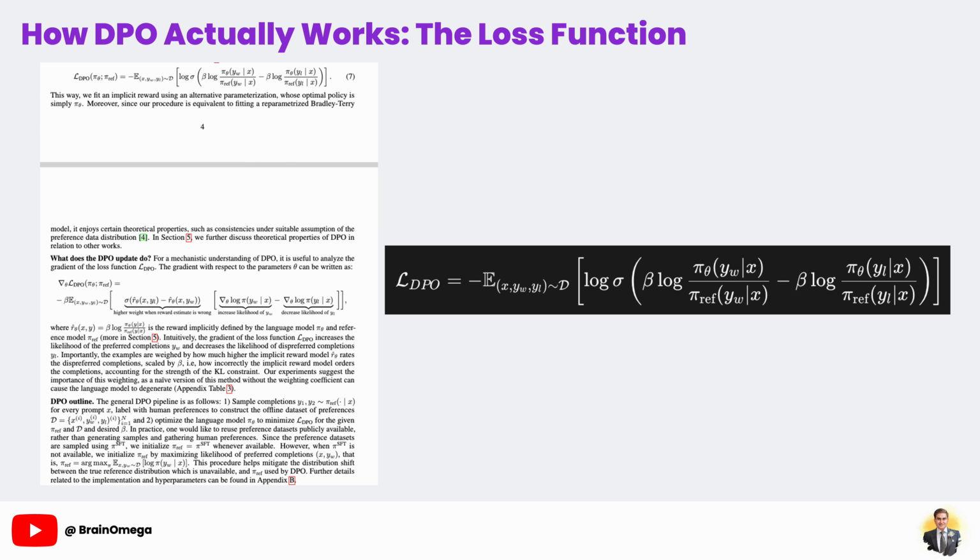Higher quality. In summarization and single-turn dialogue, DPO consistently matched or outperformed strong RLHF baselines. For instance, in summarization, DPO achieved a 61% win rate against reference summaries, beating PPO's best performance of 57%.